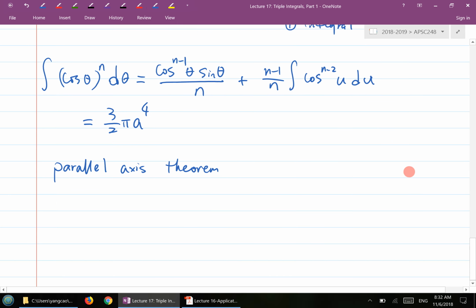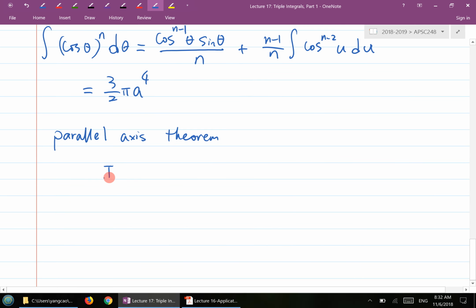Parallel axis theorem basically says this: moment inertia about a certain axis u equals the moment inertia about its center of mass, plus, in this case we're talking about area moment inertia, so plus A times d squared. That's the parallel axis theorem.